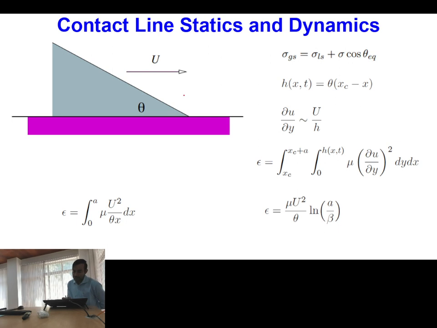If you look microscopically into the interface, this is your solid, this is your drop liquid, this is say the surrounding air, and this is the interface. This is how the interface will look, and say this interface has some angle theta, and this is the velocity at which the contact line is moving in the forward direction.